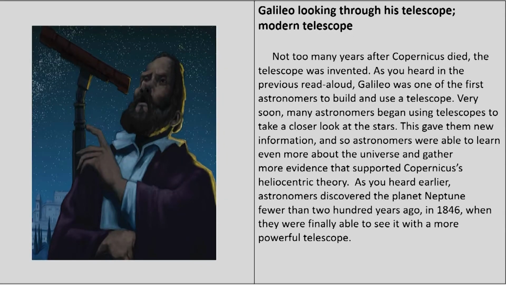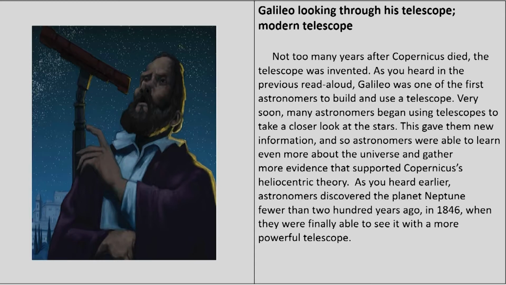Not too many years after Copernicus died, the telescope was invented. As you heard in the previous read aloud, Galileo was one of the first astronomers to build and use a telescope. Very soon, many astronomers began using telescopes to take a closer look at the stars.